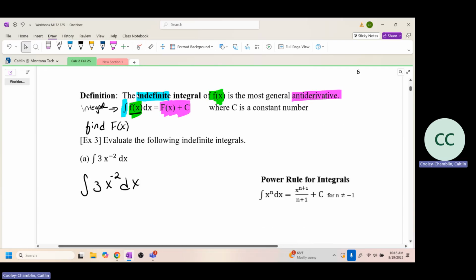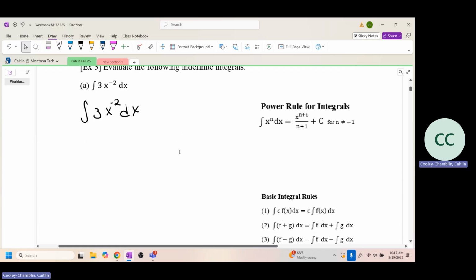And I did not go over that little dx before, but this is just saying with respect to x. So remember when we were talking about derivatives, it's saying this derivative was taken with respect to x. You're probably going to think in Calc 2, all through Calc 2, this is silly, this dx doesn't matter, and you're going to forget it. If you're my student and you miss it, you're going to get a point off for notation.